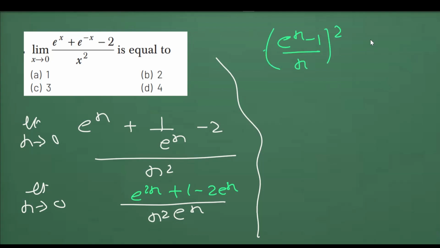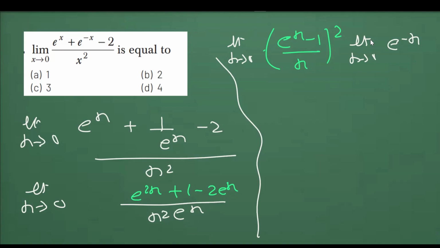One more time, this is actually a minus b whole square, that is e raised to the power x minus 1 whole square, and below it was x square. And this is limit x tending to 0. Let's say if I apply another limit for the other part, limit x tends to 0, and this is e raised to the power minus x. It was in the denominator, so in the numerator it's going to be like this.